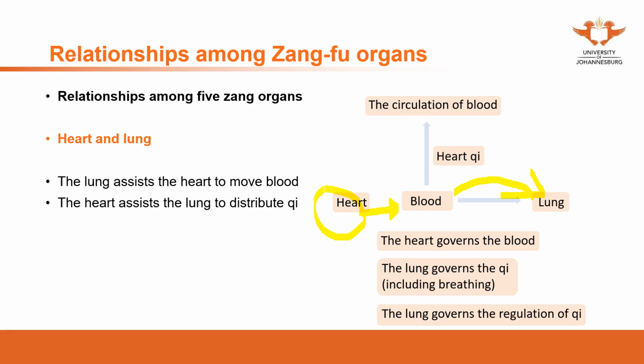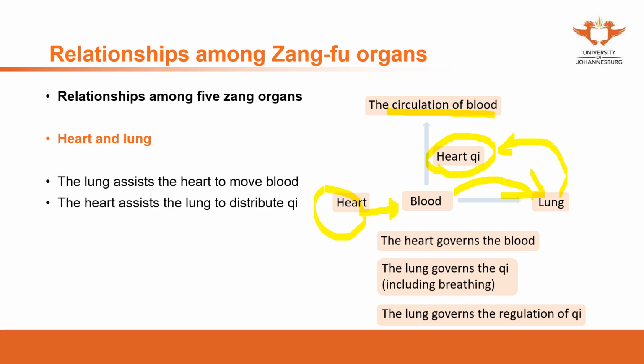The circulation of the blood needs the promotion or the force from the heart qi, but the lung governs the qi of the body, which also includes the heart qi.